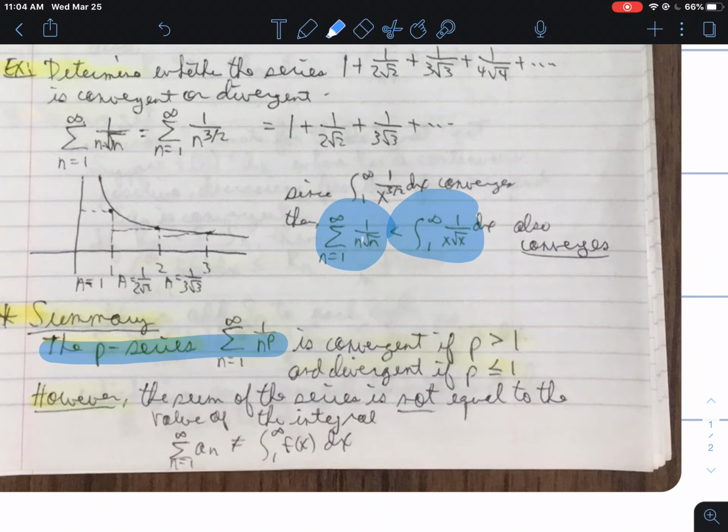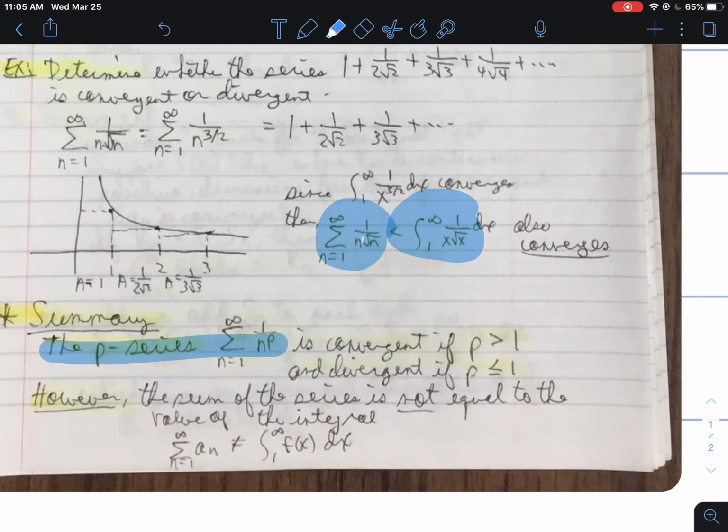For the convergent series, they're smaller than the area under the curve. So we're using the integral simply to determine whether the series is convergent or divergent. But in the case of a convergent integral, the sum of the series is not equal to the value of that integral.